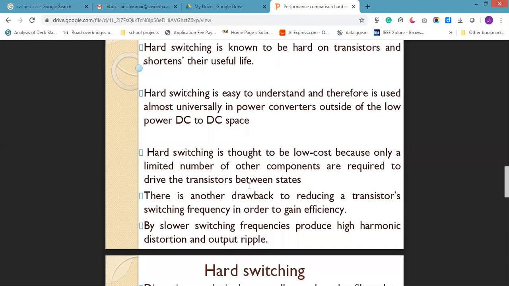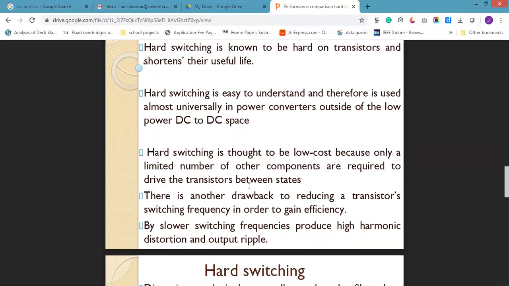The drawback of hard switching is that you have to reduce the transistor switching frequency to obtain efficiency.